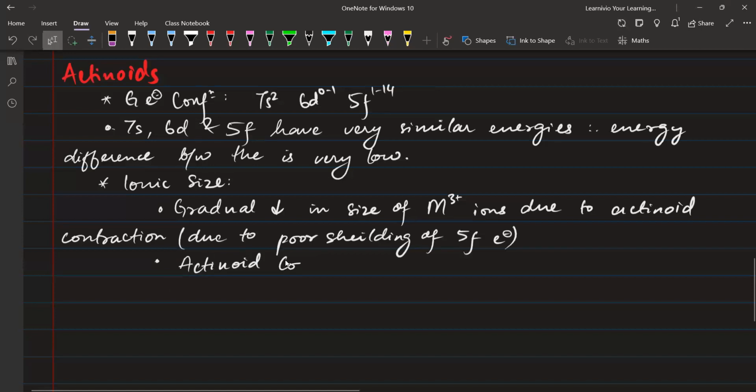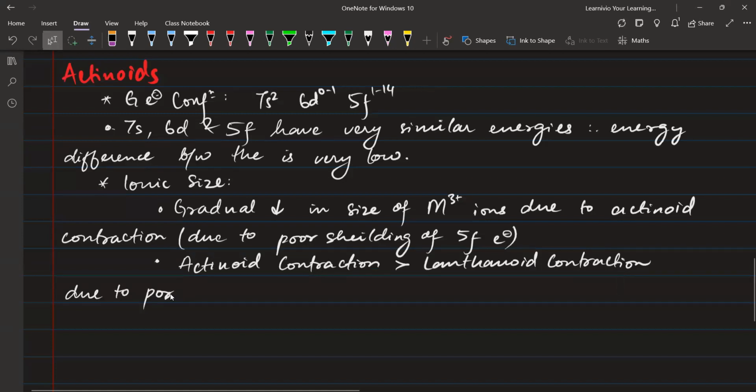Actinoid contraction is greater than lanthanide contraction, due to poorer shielding of 5f subshell.